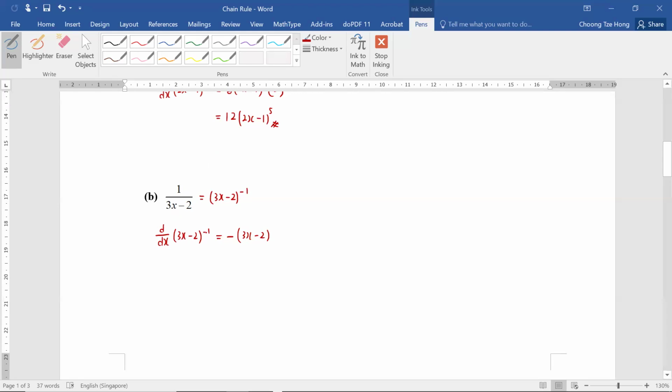We reduce the power by 1, so be careful: negative 1 minus another 1 becomes negative 2. Now we differentiate inside the bracket, and if you differentiate 3x minus 2, you get a 3, so multiply it behind. The answer will be this. We want to return it to the positive index form, so it becomes 3 over (3x minus 2) squared.